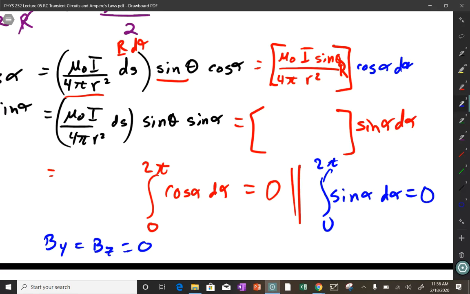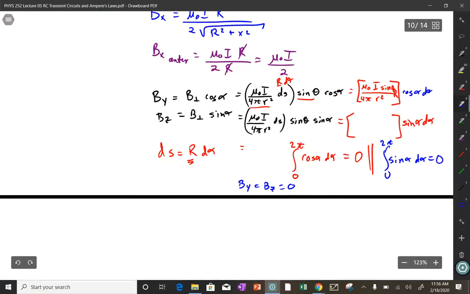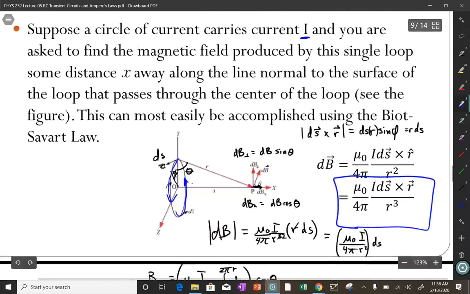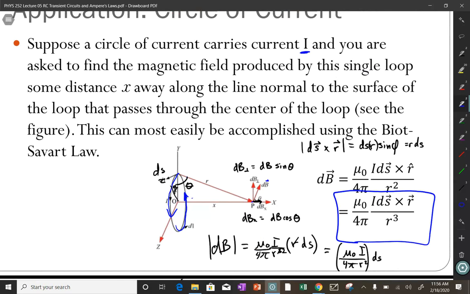Right, so the B perpendicular was changing as we went around. We had pieces of By and Bz, but now we've done the whole thing. So hopefully that wasn't that difficult. With your loop, it's going to be harder, right? Yes.